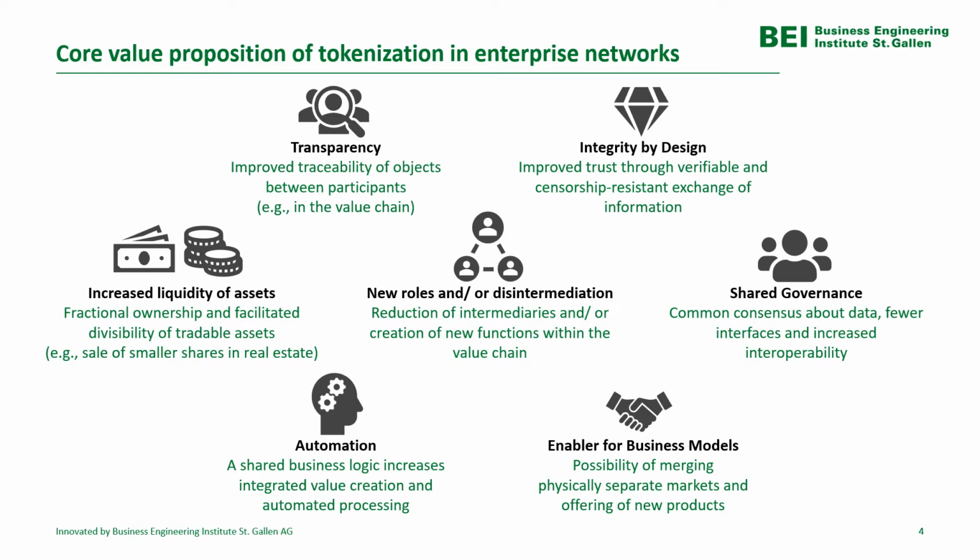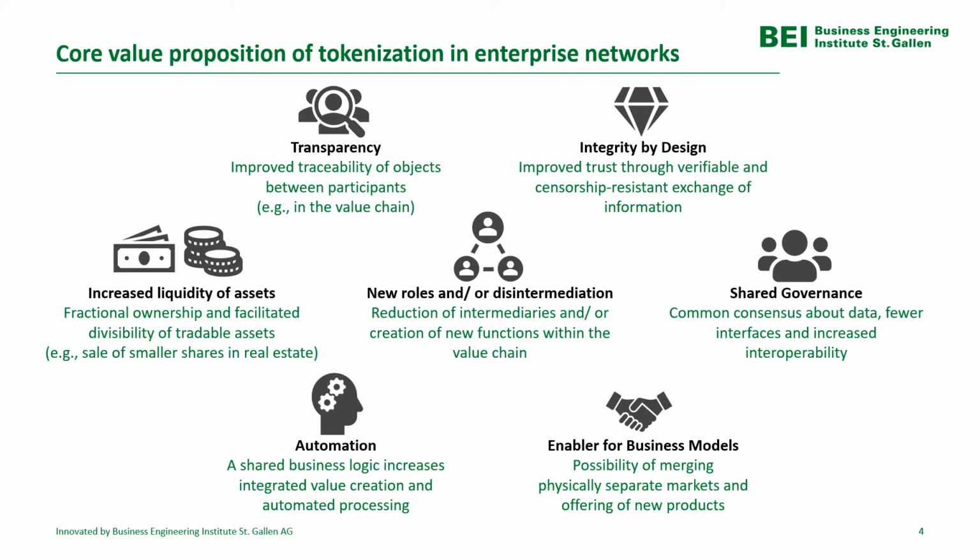This is due to the public and private key pair, and of course due to cryptography. Then we have increased liquidity of assets, because it allows us to create a token which can also be divisible, tradable, and then we have, of course, disintermediation, as seen in the lecture before.